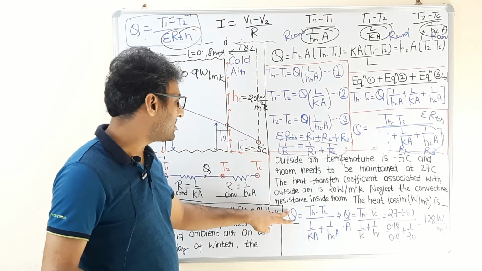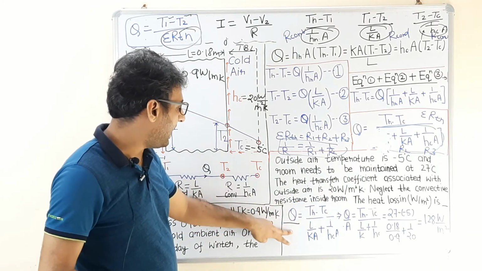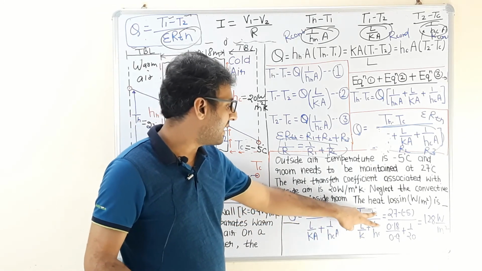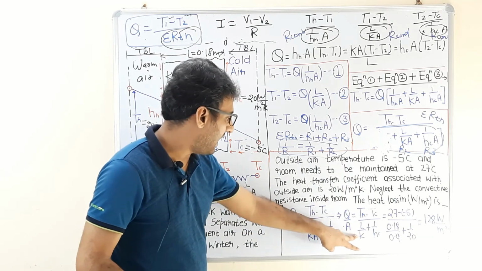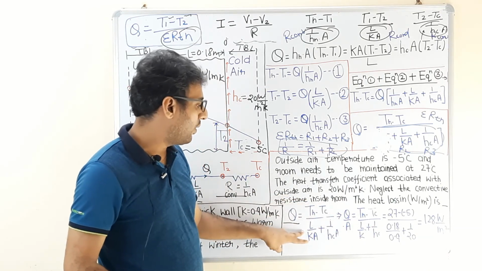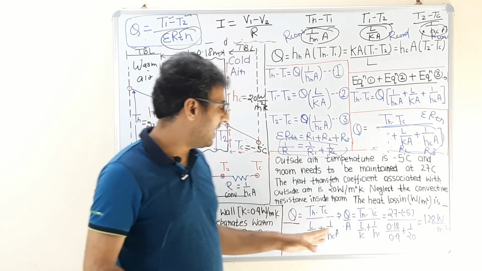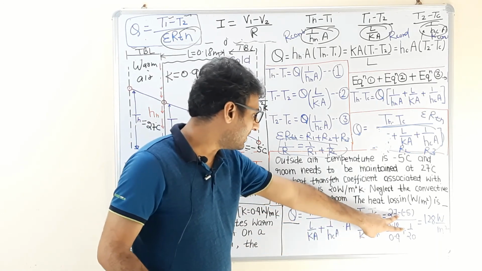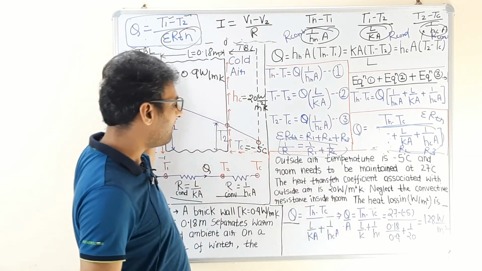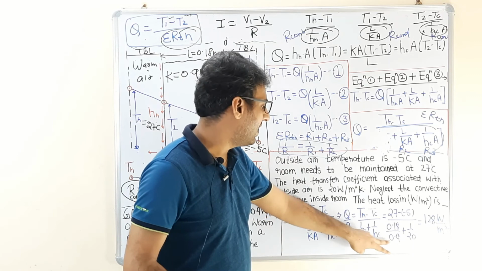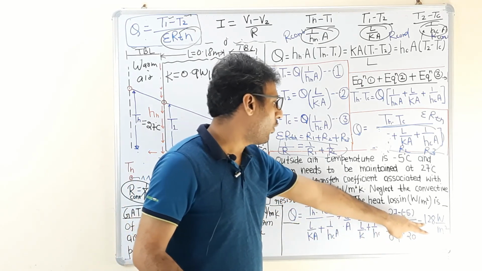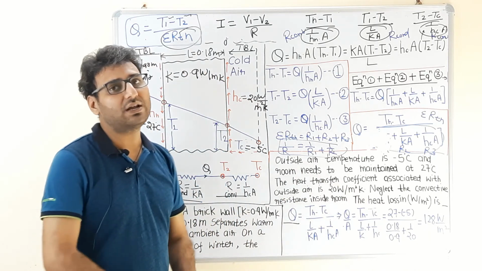When this whole equation is divided by A, we will get Q by A as Th minus Tc divided by L by K plus 1 upon Hc, because the whole equation is divided by A. Now we know every value: Th is given, Tc is given, L the thickness of the wall is given, thermal conductivity is given, and Hc is given. After substituting all the values, we will get the heat loss as 128 watts per meter square.